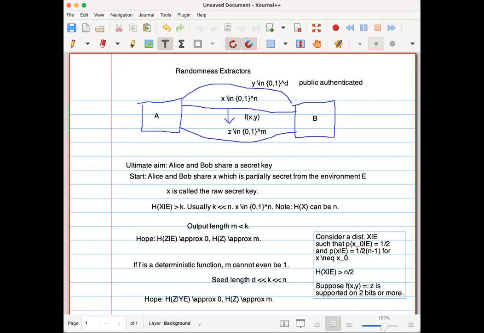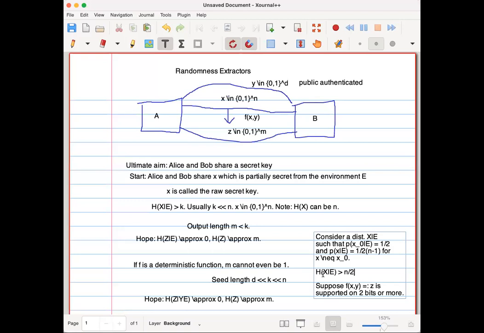In that sense, you'll say the environment knows almost nothing about x. x was n bits long, but the raw key is not so bad. It has about n over 2 bits of randomness left, even given the knowledge of the environment.